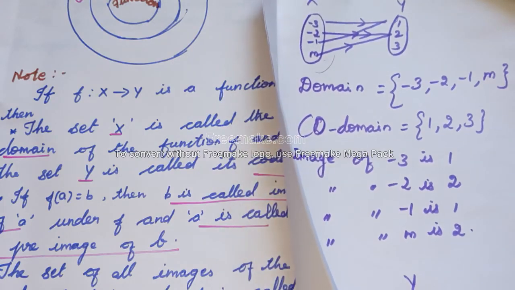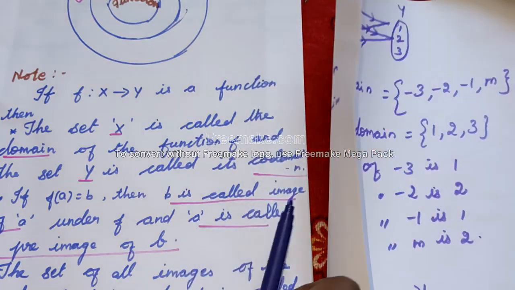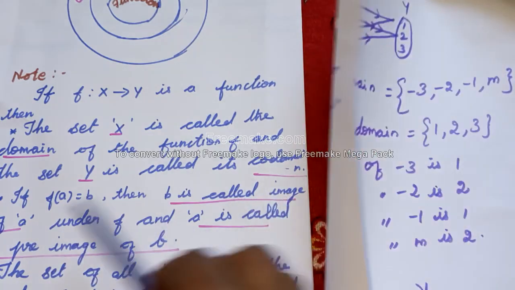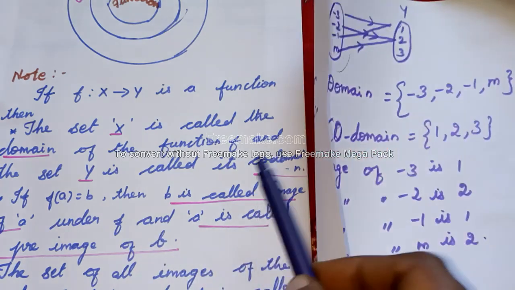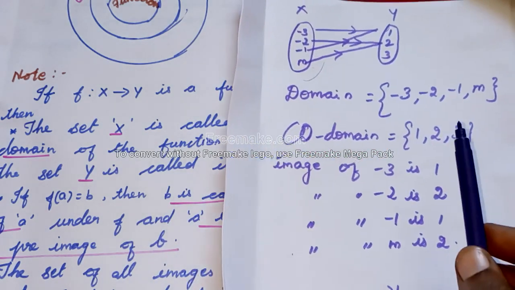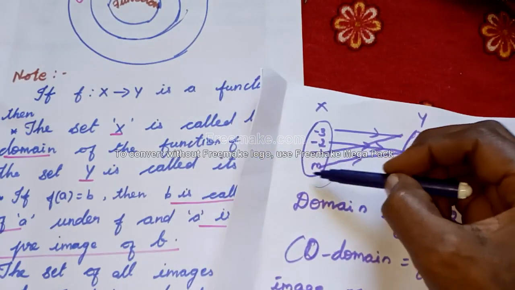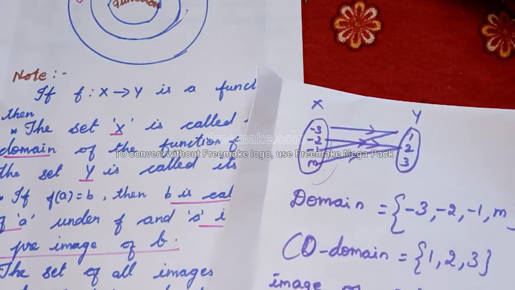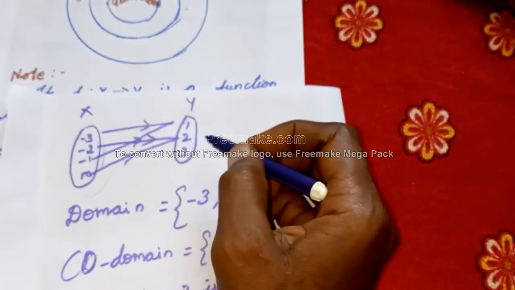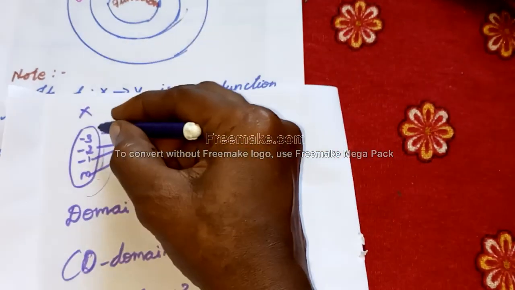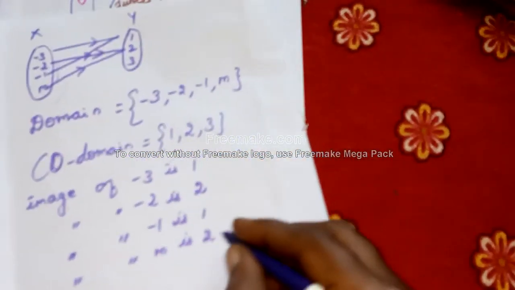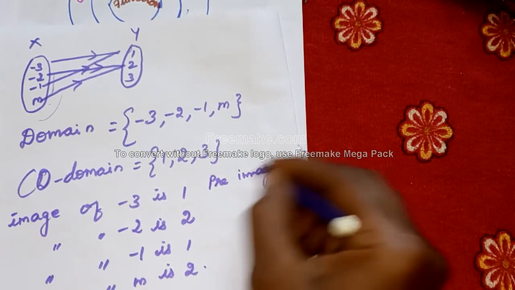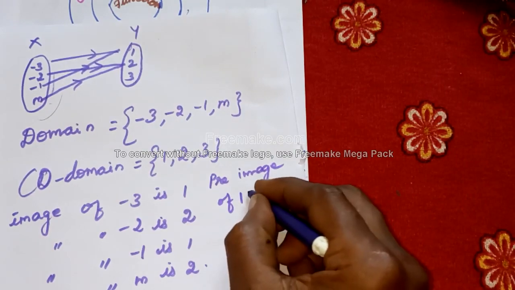Next, b is the image of a under f, and a is called the pre-image of b. Now we can say, pre-image of 1 is what? Pre-image of 1 is -3, -1.